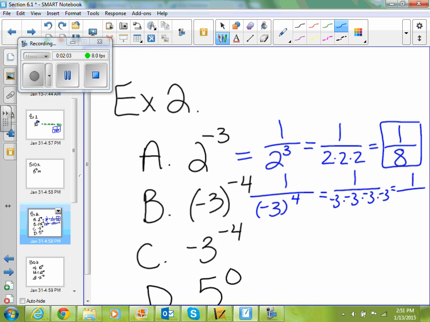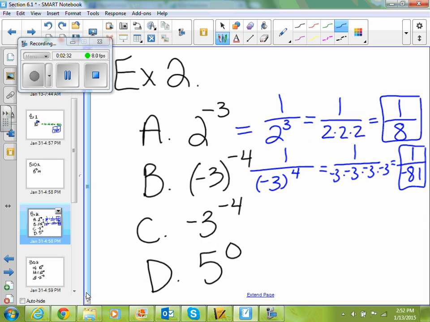We can do this in our calculator by putting in negative 3 and then using the caret button to the 4. That gives 81, so 1 over 81.